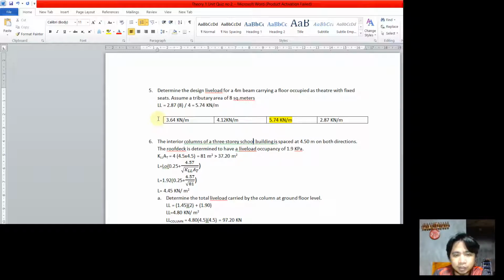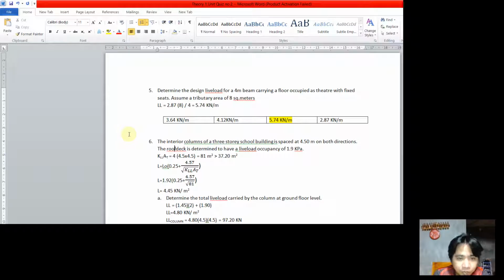So the roof deck is determined to have a live load occupancy of 1.9. So if we have a roof deck with a regular occupancy, we do not need to reduce that one. So it will remain to be 1.9. So what we are computing here now is the floor load from second floor to third floor. Okay, second floor and third floor actually.